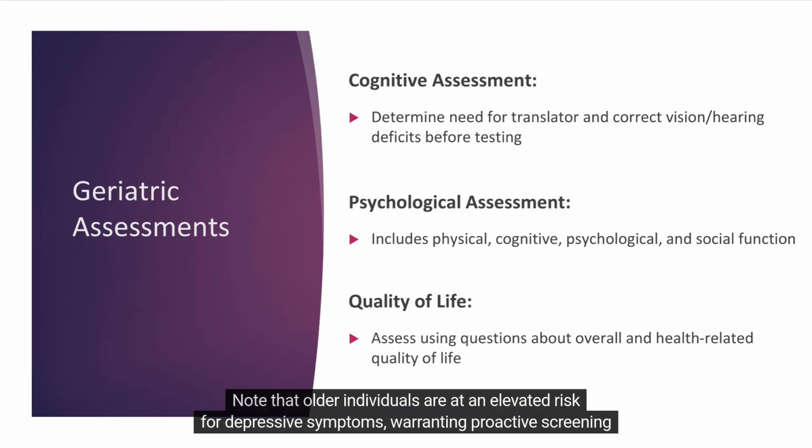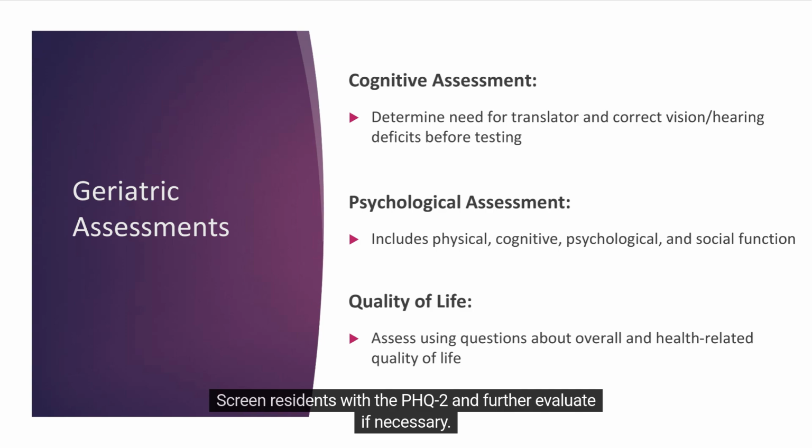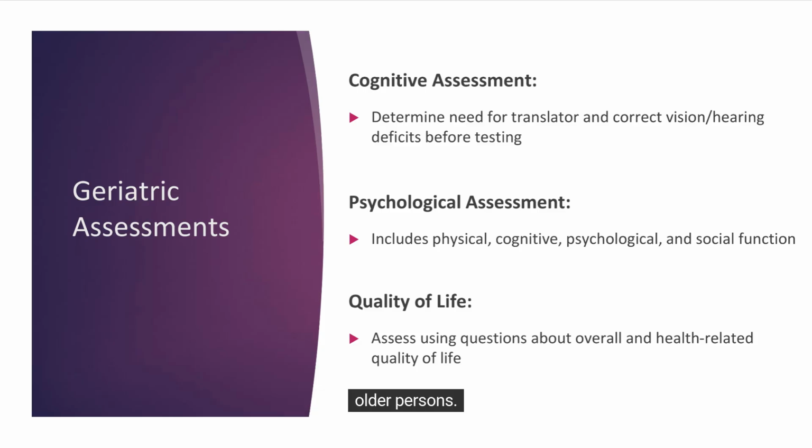Note that older individuals are at an elevated risk for depressive symptoms, warranting proactive screening and prompt initiation of treatment. Screen residents with the PHQ-2 and further evaluate if necessary. Watch for signs of anxiety and prolonged bereavement. There is a high risk for accidents, delirium, medical non-adherence, and disability in cognitively impaired older persons.